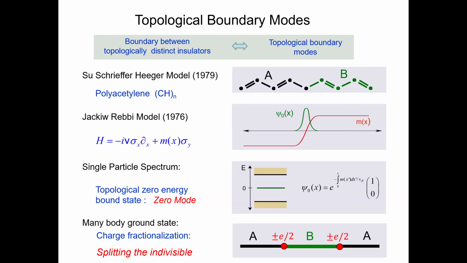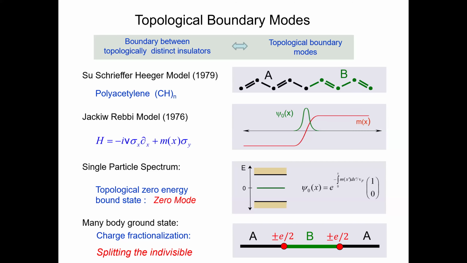That is a continuum description of this kind of domain wall between the A phase and the B phase. It's like having a mass that changes sign. And again, the Dirac Hamiltonian is a 2x2 matrix, and one can analyze it in the same way.